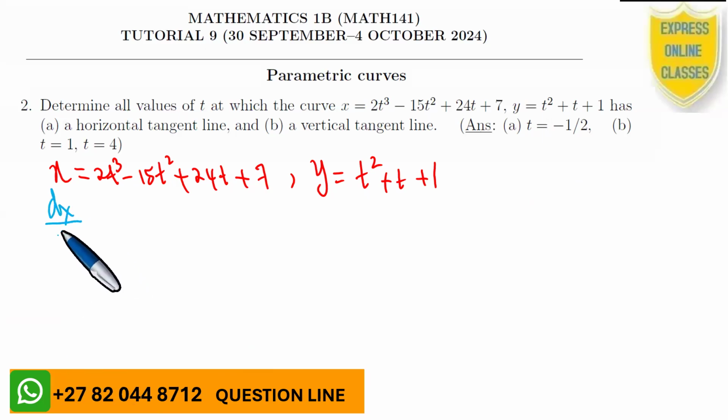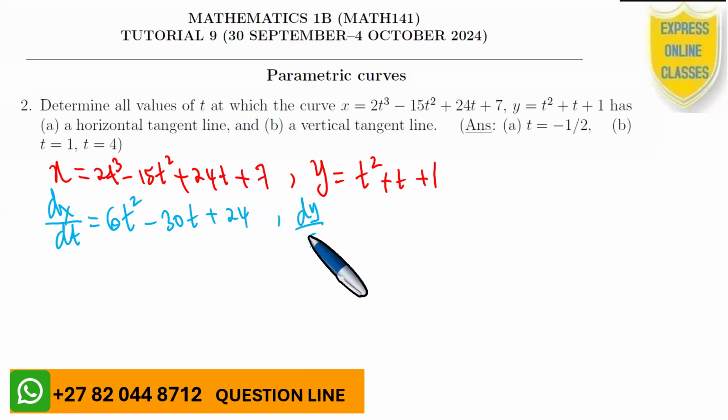So dx dt is 6t squared minus 30t plus 24. Okay, we find the derivative of x with respect to t, but we also find the derivative of y with respect to t, and the derivative of t squared is 2t, the derivative of t is 1. So now we have got this.